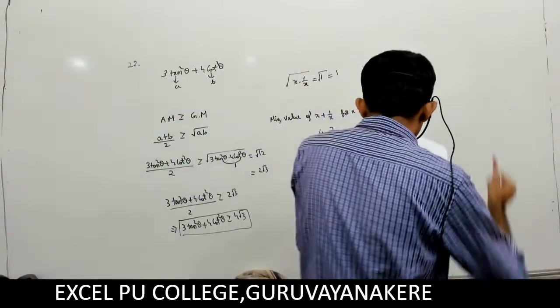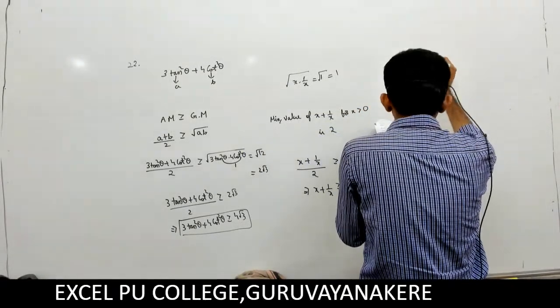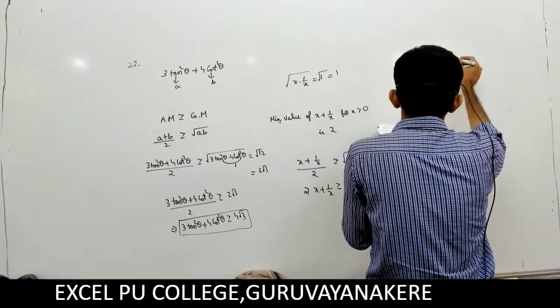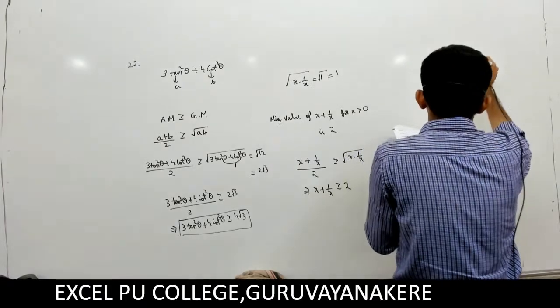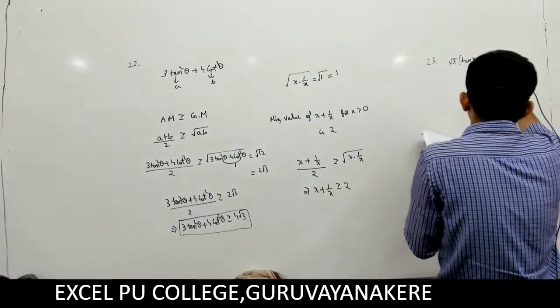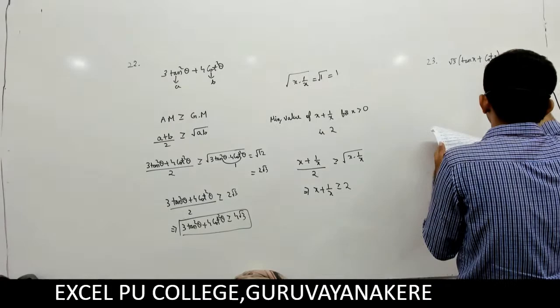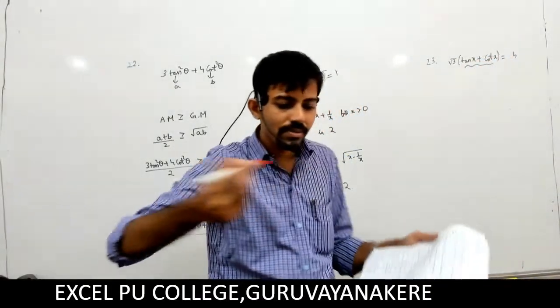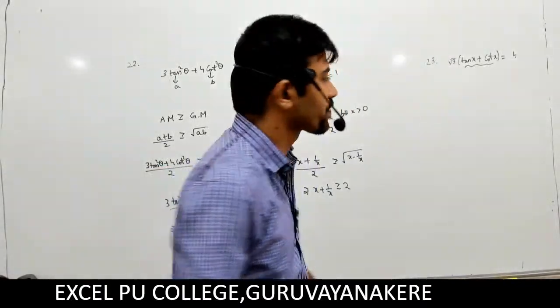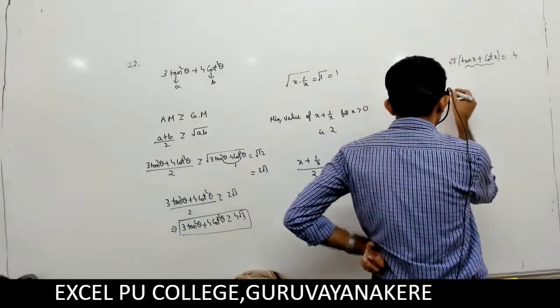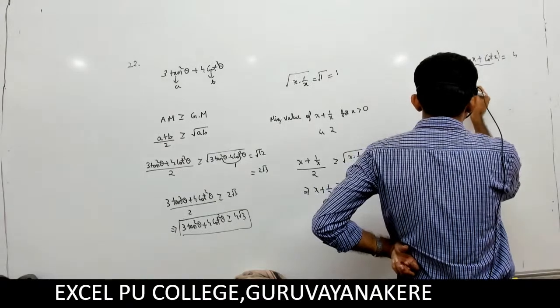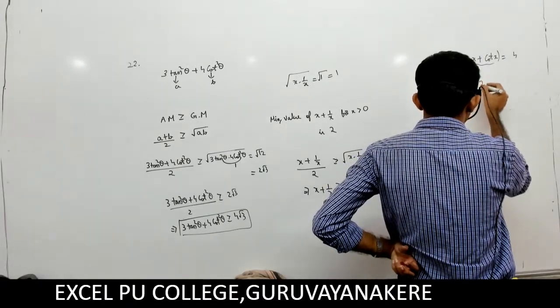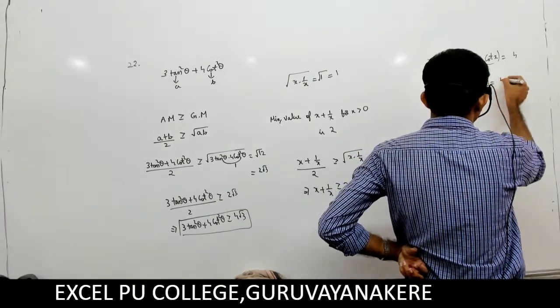You need to find the general solution of root 3 into tan x plus cot x equal to 4. What is tan x plus cot x? 2 times cosecant 2x, correct? Tan x plus cot x is 2 times cosecant 2x. 2 times cosecant 2x is equal to 4.